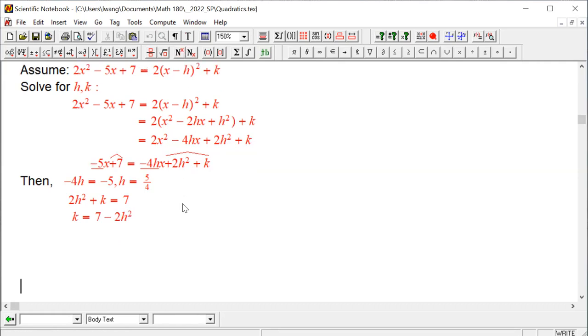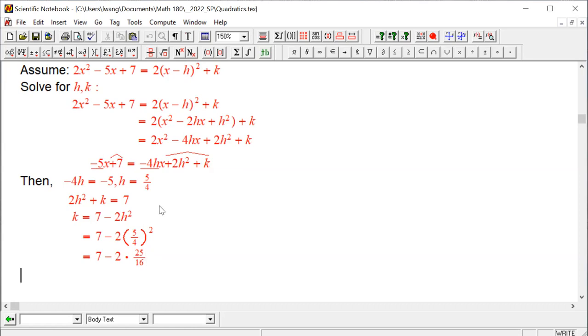And because we already know h, now we're going to plug in the h. So 7 minus 2 times h, this is our h, (5/4) squared. So in the end, we just have to operate on this fraction, which is 2 times, 5 squared is 25, and 4 squared is 16.